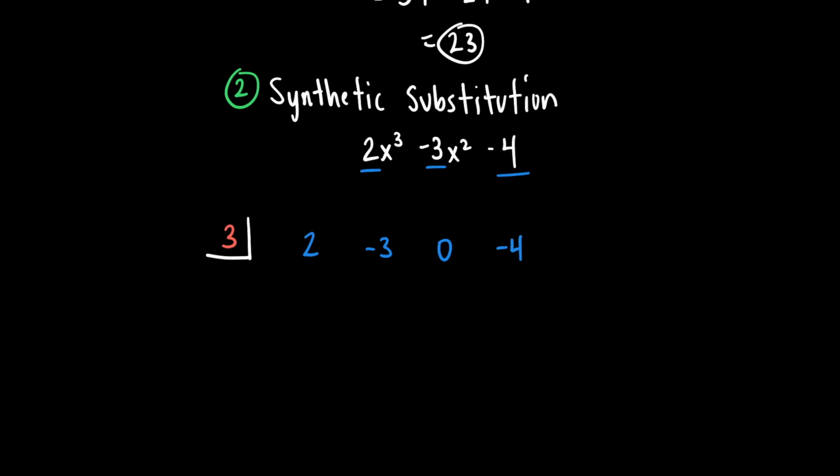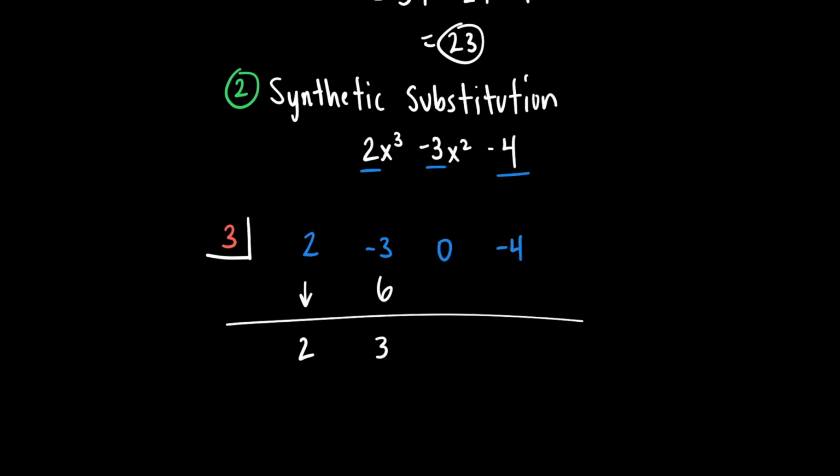All right, so we will bring this 2 down. We're going to do the exact same thing we did on the last example. You start by bringing this down, and then we multiply up. So 2 times 3 is 6, and then we add down. Negative 3 plus 6 is 3.